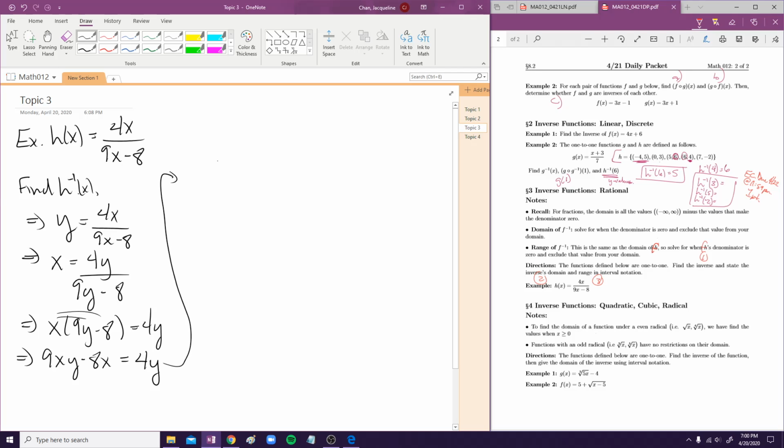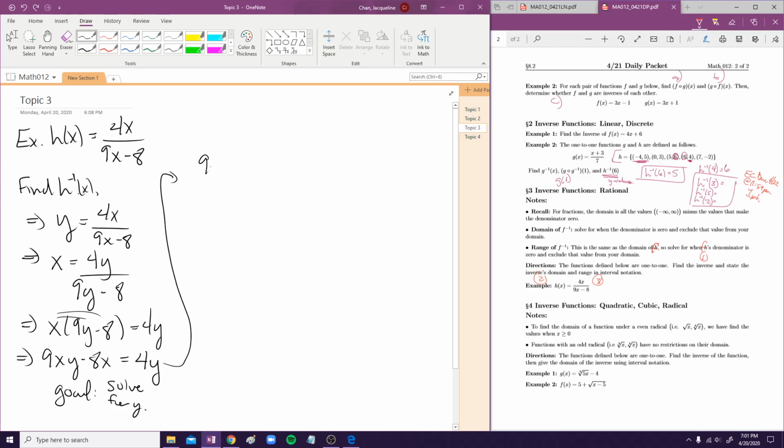So now, what is our goal? Our goal is to solve for y, right? So what am I going to do? I'm going to subtract 4y from both sides, and add 8x to both sides.